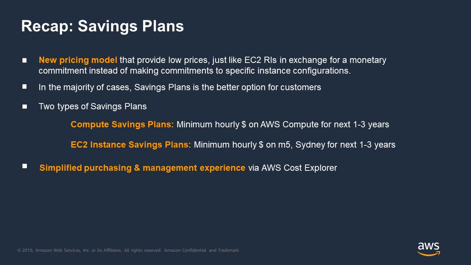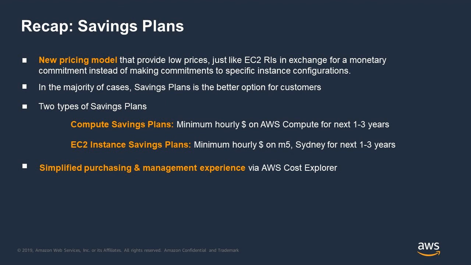2 types of savings plans discussed. So the compute savings plans is a minimum hourly dollar on AWS compute for the next 1 to 3 years, and that includes EC2, ECS, EKS, and Fargate as well. And the other option is EC2 instance savings plans.